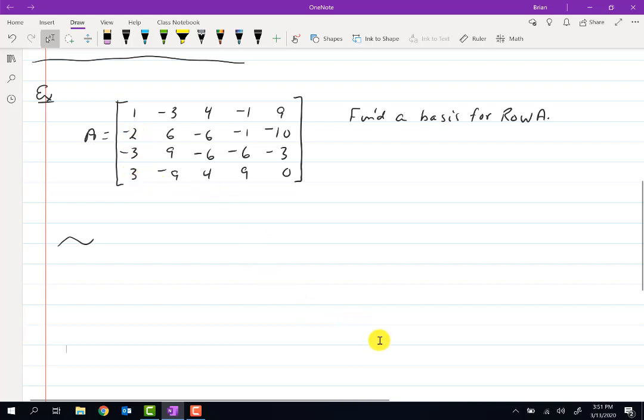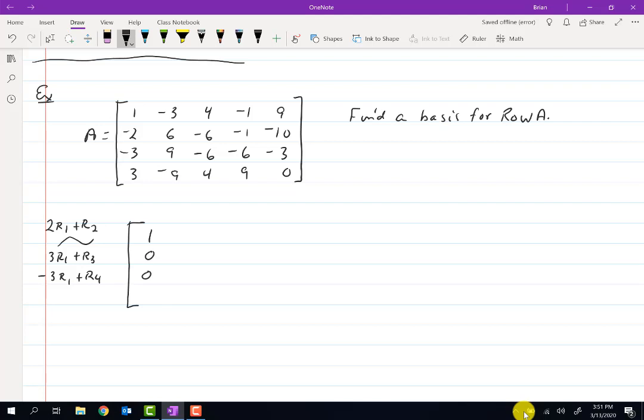So in order to do that, I have to do 2R1 plus R2, 3R1 plus R3, and then negative 3R1 plus R4. As suspected, it will wipe out the entries underneath of that one. The first row is not affected by this operation, but the next ones will be.